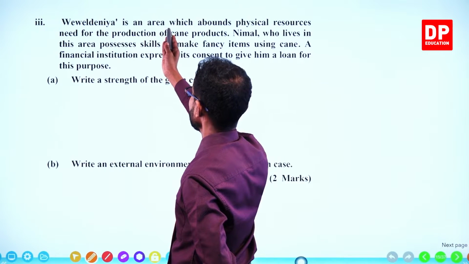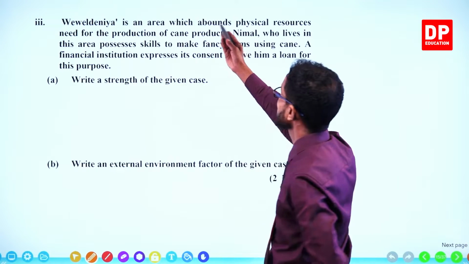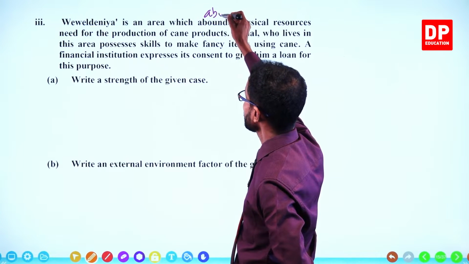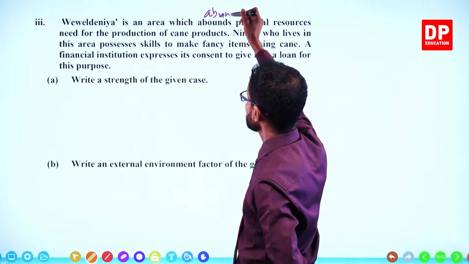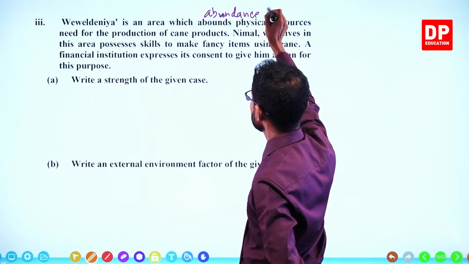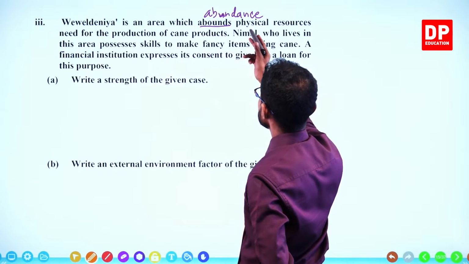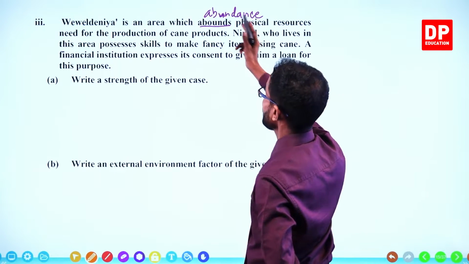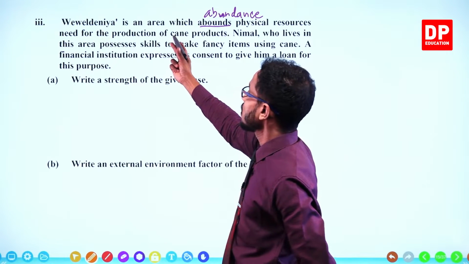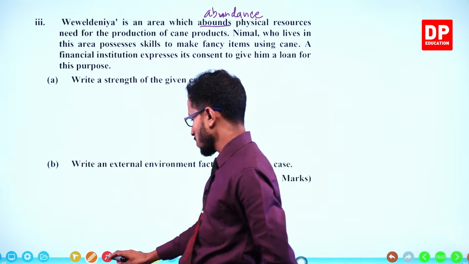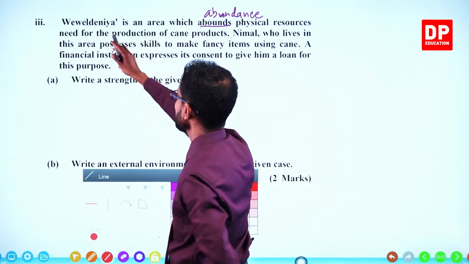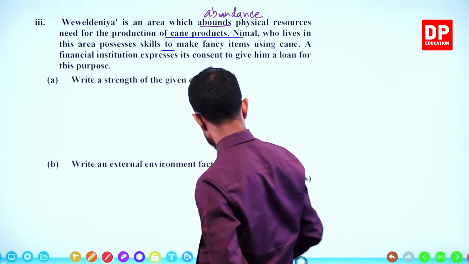Valdenia is an area which abounds, maybe abundance, no? Abounds means abundance, having abundance of physical resources needed for the production of cane products. Okay, if you say so. Cane products.